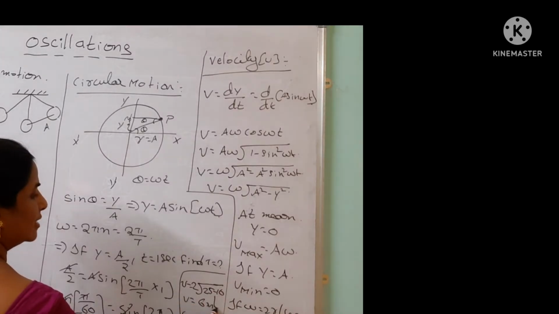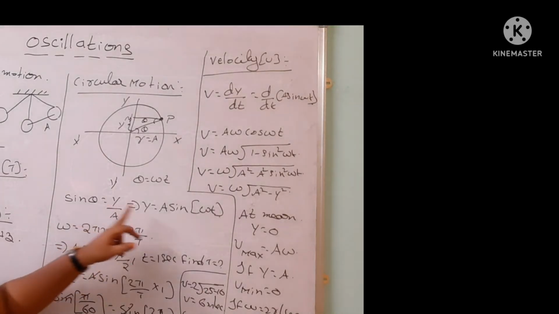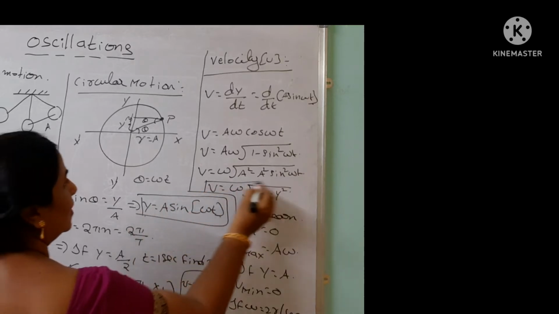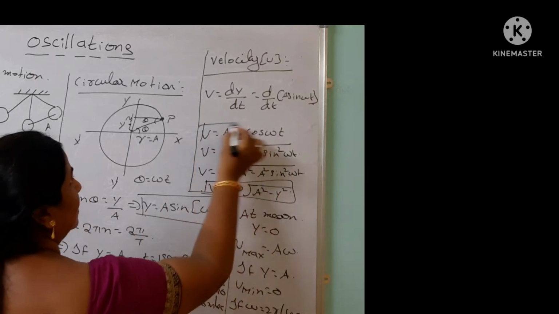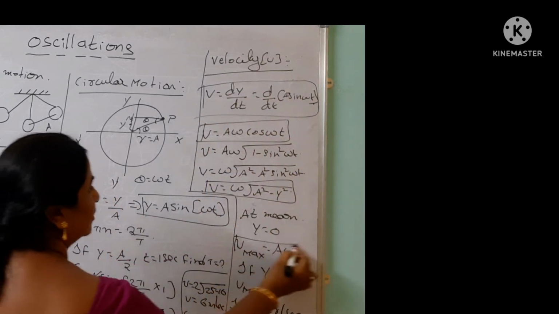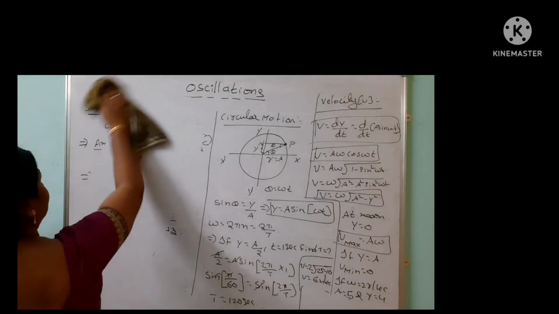Answer is 6 meters per second. This is the displacement formula, you must remember this. And these are the two formulas belonging to velocity, this one and this one, and V maximum, a omega, you should also remember permanently.